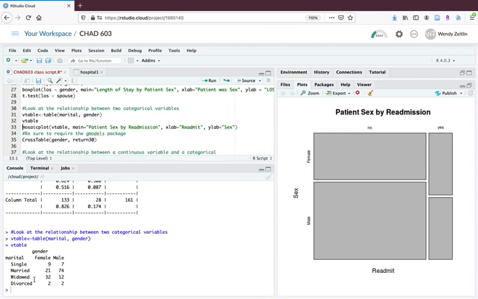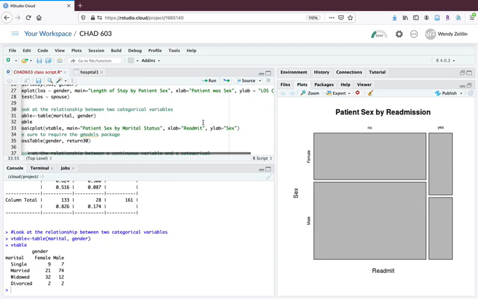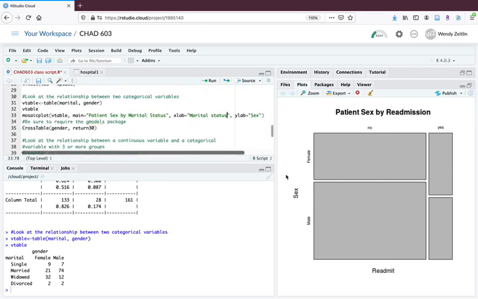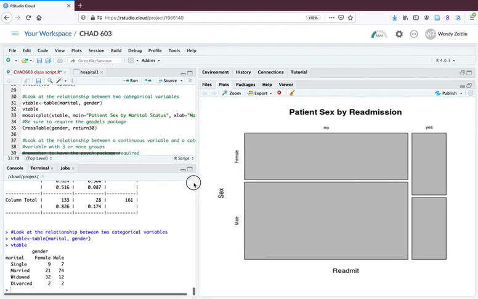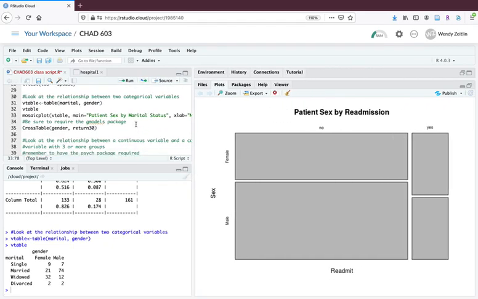So we'll see those categories in our mosaic plot. So we'll have patient sex by marital status, and we will call our X label marital status. What we're going to need to do is probably stretch this because we're going to have now 4 marital statuses. And we'll run that.